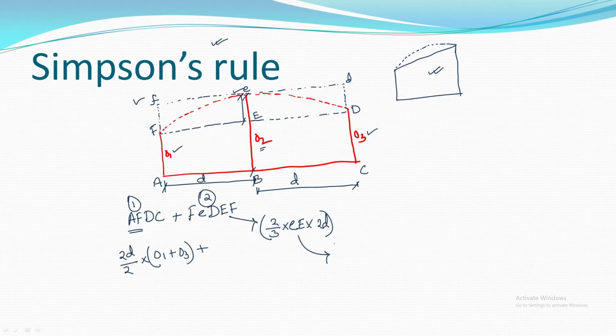So the final value will be 2/3 into O2 minus O1 plus O3 by 2, into 2D. So this is the area of this segment FEDEF.